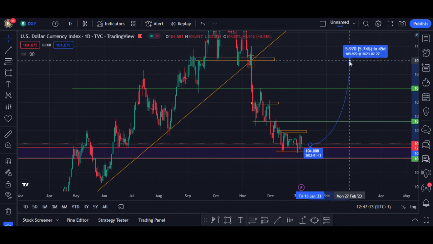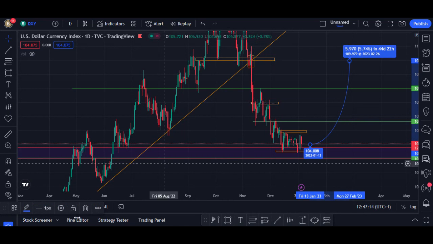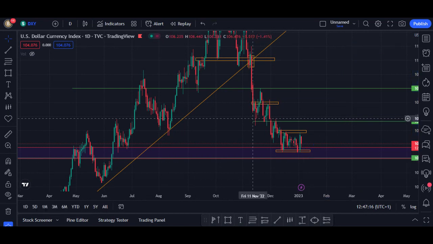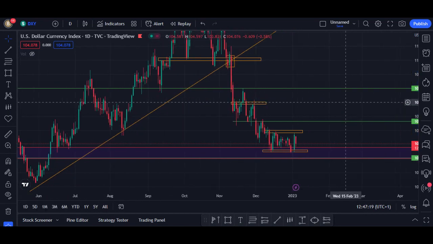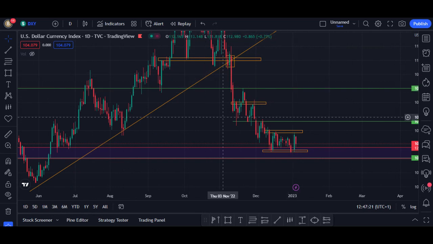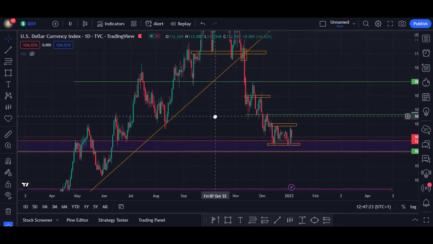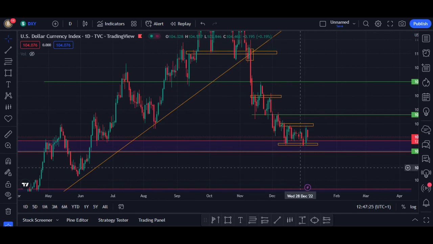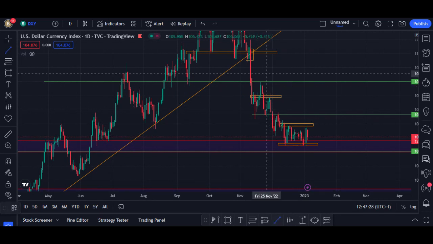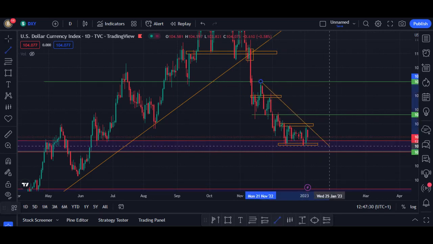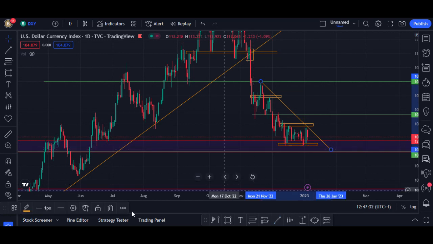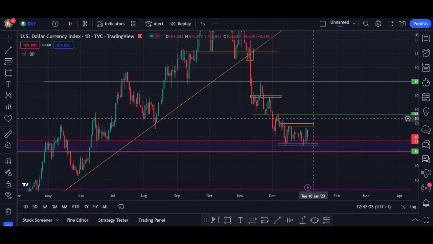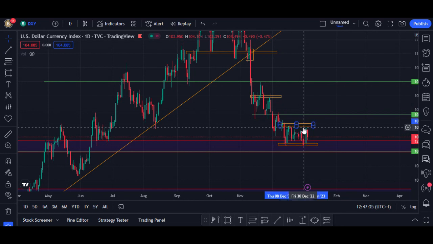This is what I think the market is going to do, but I'd rather wait and see price action. So that's that for the dollar index. You can see the dollar index is currently ranging. We will need these areas to be broken before we can know where exactly price is leading us to.